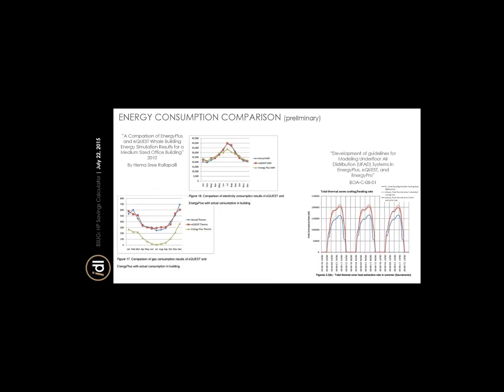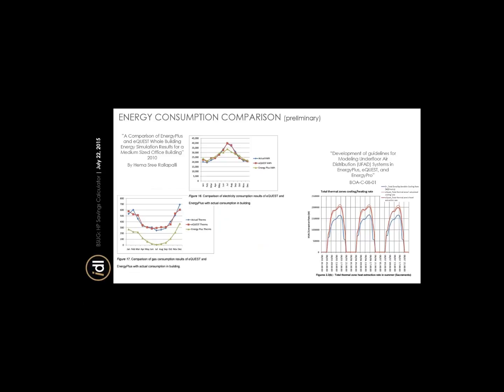I did do a quick literature review for if other people have found these types of differences, and you can see there's a student's thesis here on the left that they're finding a pretty big difference between eQuest and EnergyPlus for heating, for their natural gas, and then a little discrepancy for their electric during the summer months.